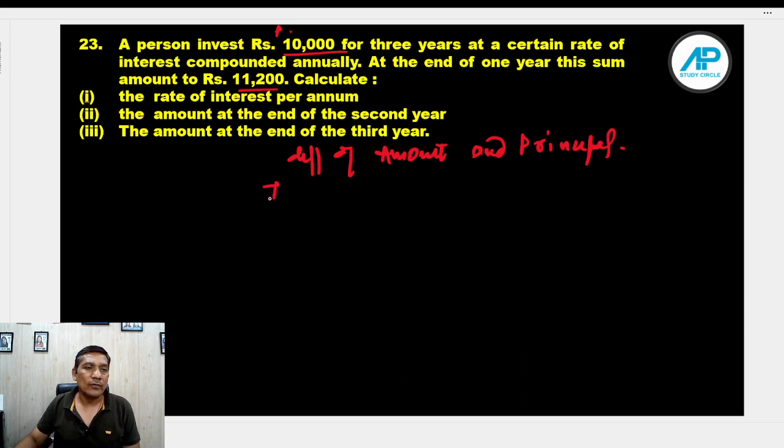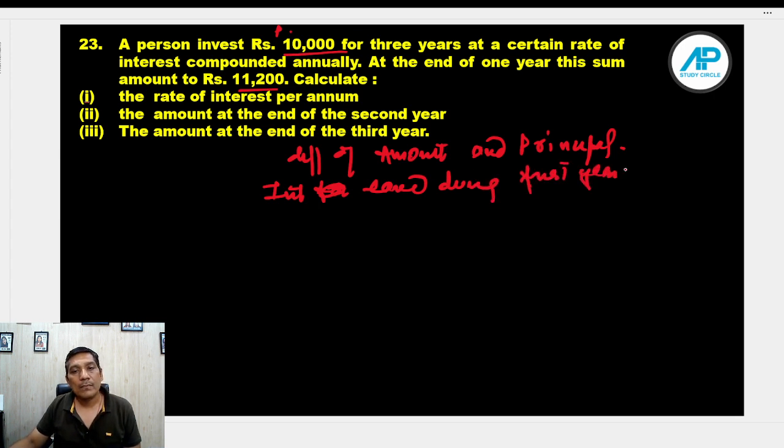That will give you the interest earned during the first year. 11,200 minus 10,000 gives you rupees 1,200.